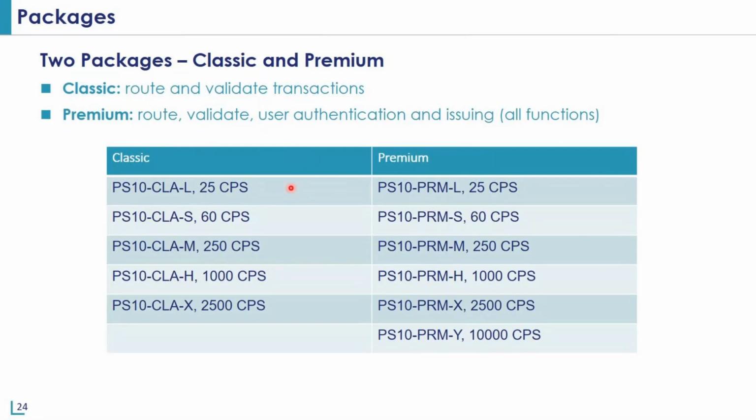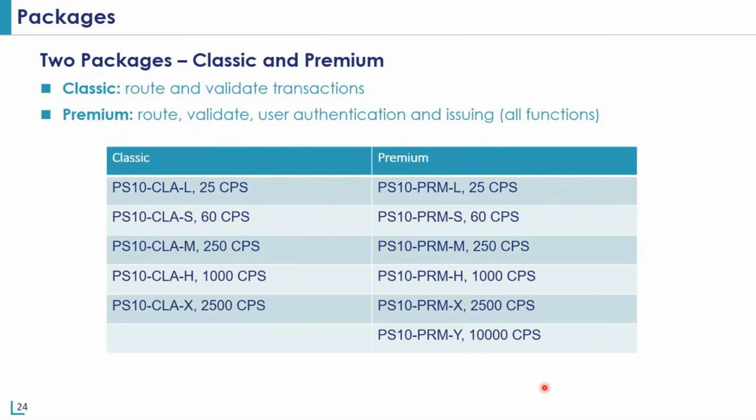We have 25, 60, 250, 1000, 2500 if you have a classic package. If you have a premium, then you have additional 1000 commands per second support as well. So these are the different licenses which are available. By now, I believe your organization has already decided whether you require classic or premium and what performance level you want to use. So these are the licenses.